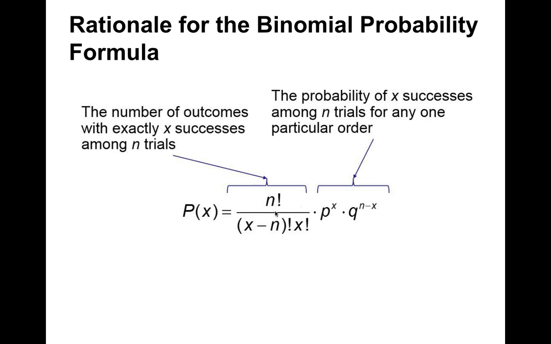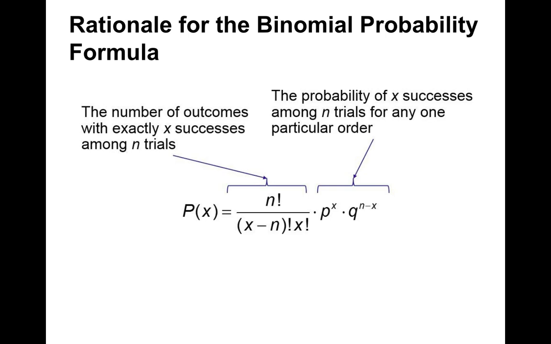And so what's happening here is that if I have 5 trials and I want 3 successes, I could get 3 successes in the first 3, right? I could have success, success, success, followed by 2 failures.